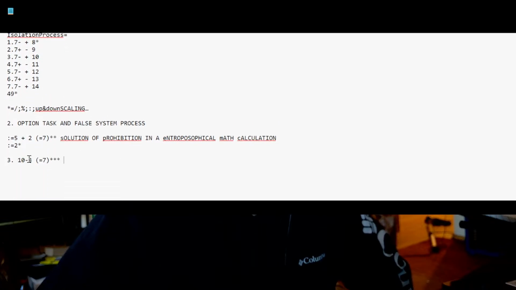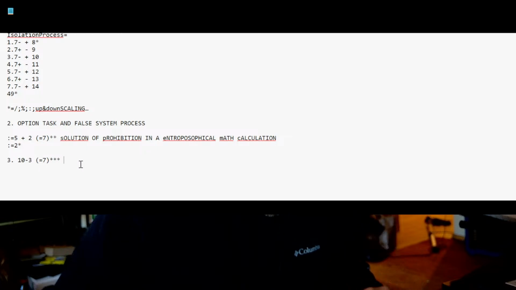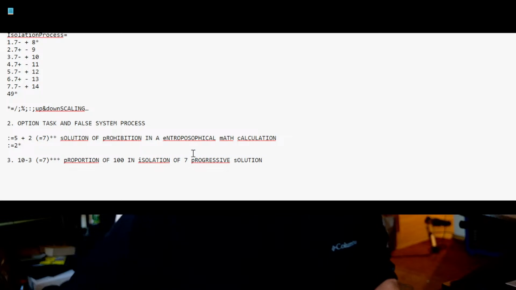So this means, in this case, 10 minus 3 is my proportion of 100 in isolation of 7, progressive solution.